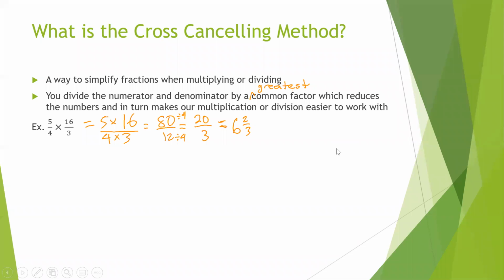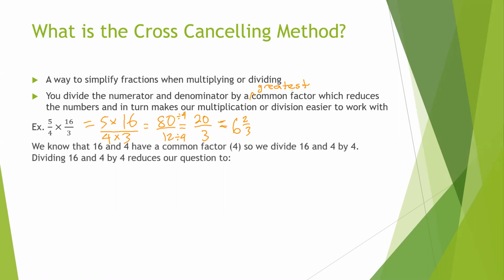So how does cross cancellation work? What you are essentially doing is you are trying to break down your numerator and denominator, so you're dividing by a common factor here.